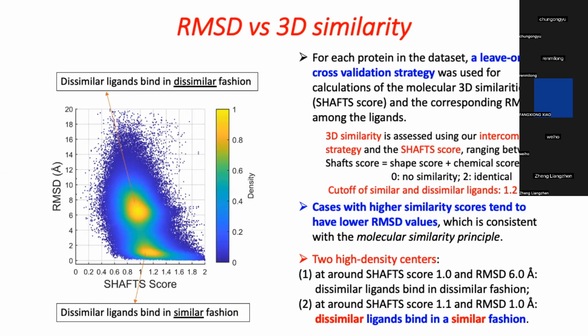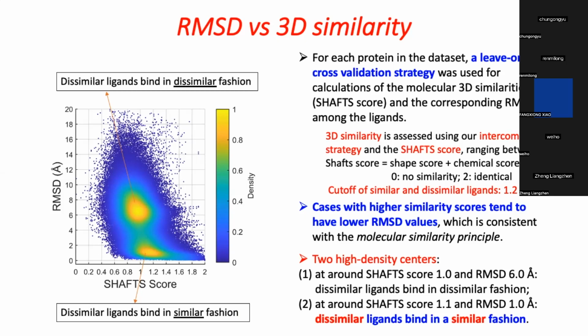The interesting part is to look at the two highly dense distributions. One region is here, where the SHAFTS score is about 1, meaning they are relatively dissimilar, and the RMSD is also high. So dissimilar template ligands bind in different ways.